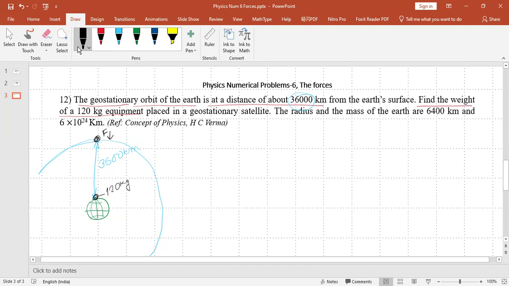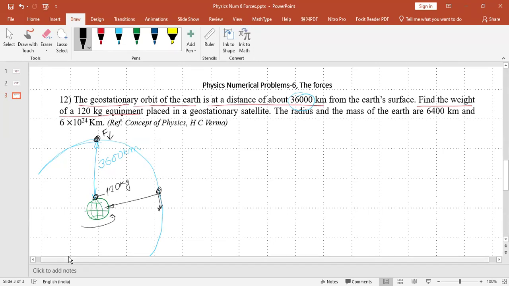By the way, I think many of you know what a geostationary orbit is. If you do not know, a geostationary orbit is such an orbit that when a satellite is placed here and the satellite keeps on moving, at the same time the Earth also revolves, then the velocity of this satellite and the revolving velocity of the Earth is such that the satellite always keeps on looking at a certain point of the Earth.